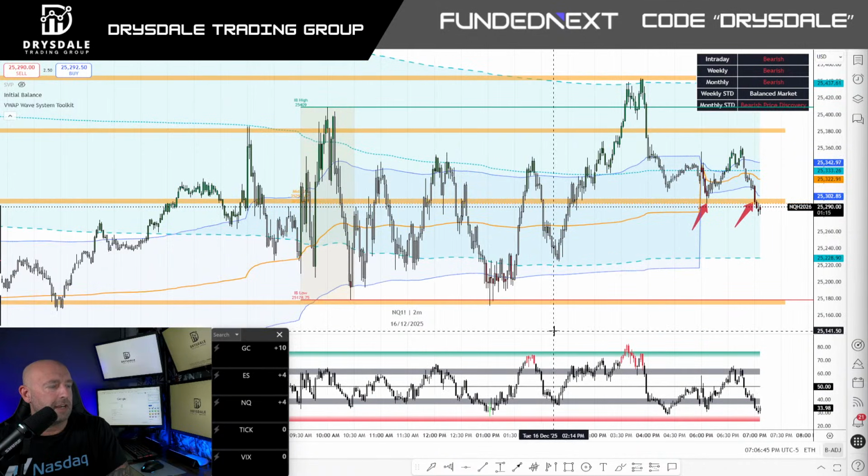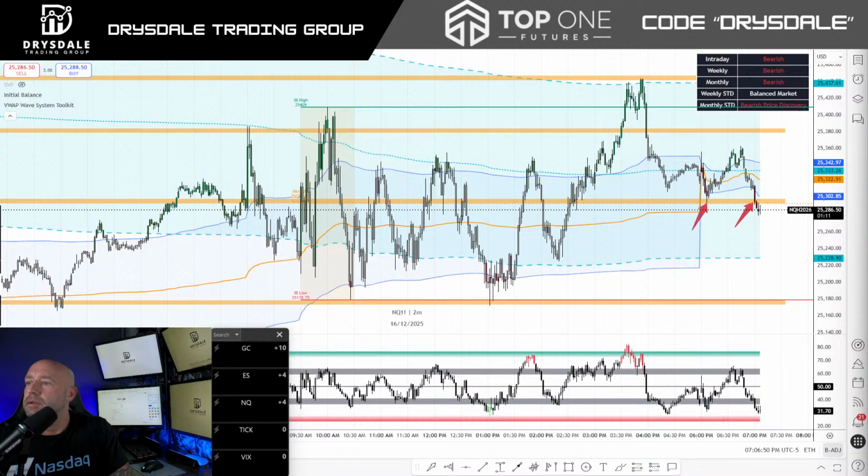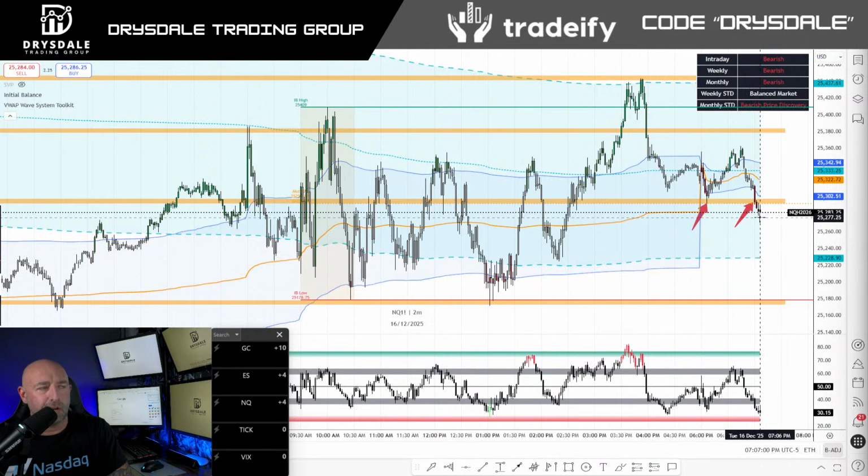We're looking for trending conditions. We wanted to hold and accept down here. Just because it's trading down here doesn't mean we're automatically in trending conditions, just like we can trade below the band and go back up into it. We're not always guaranteed price discovery, but it is a part of the confirmation layer.